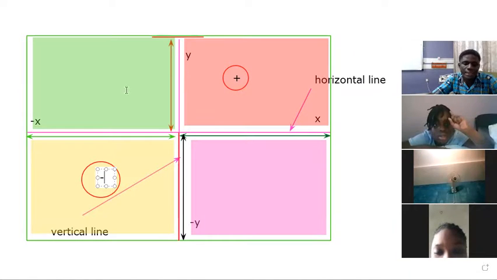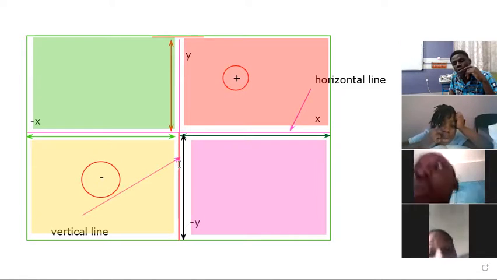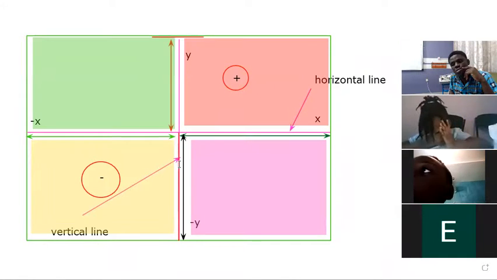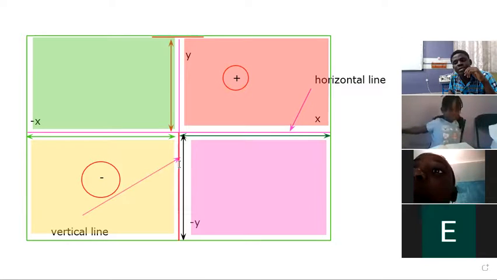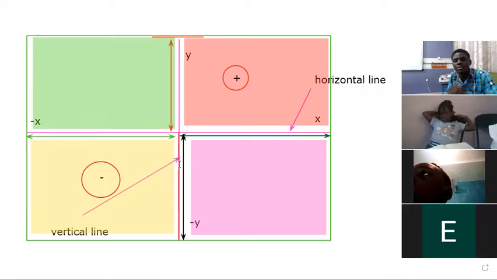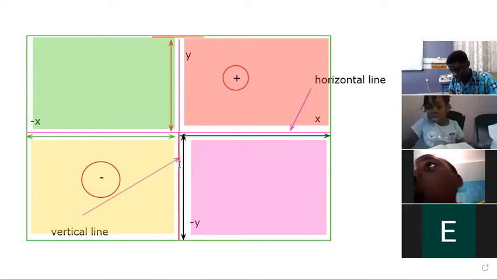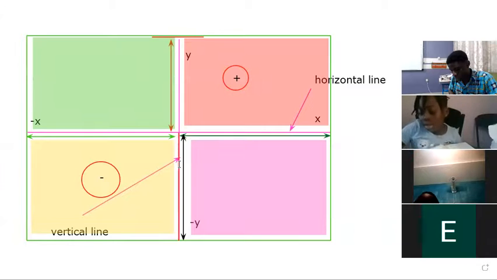Okay, why? Who said negative? Audrey, were you the one who said negative? No. Who said negative? The answer is correct, but why? Me. I said it. Okay, why?